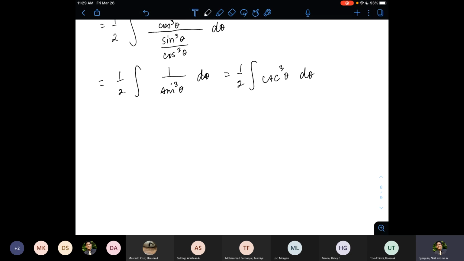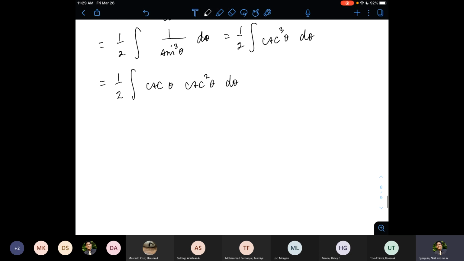Yeah, perhaps you were given the formula for secant cubed, but not for cosecant cubed. So for that, you'll need to remember how that formula for secant cubed was derived, and that was derived using integration by parts. So we'll have to write it as cosecant theta times cosecant squared theta d theta. Oh, I now understand what's the difficulty with this problem.